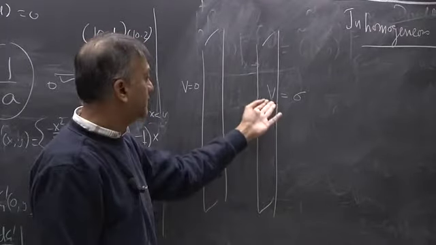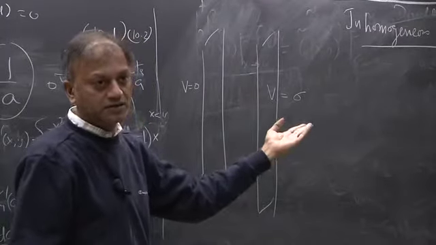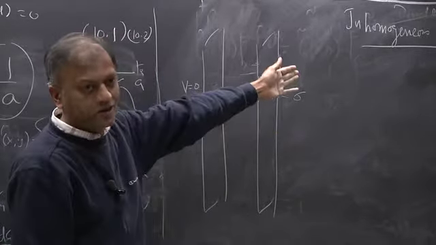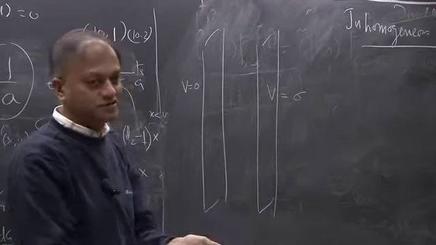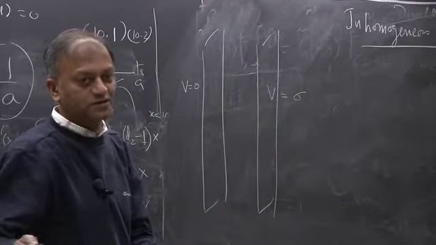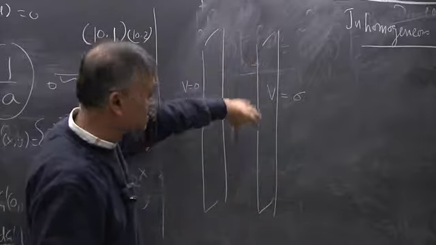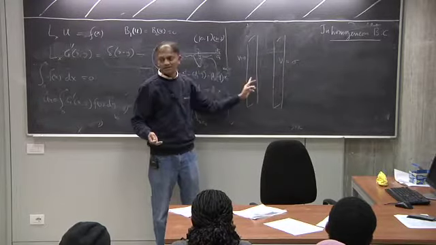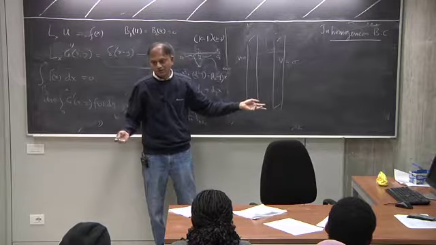That potential will satisfy a second order differential equation. Basically, this becomes a one-dimensional problem essentially. So this is almost identical: d²V/dx² is equal to 0 because there is no charge inside here, but with this boundary condition. So this will be an inhomogeneous boundary condition, right?